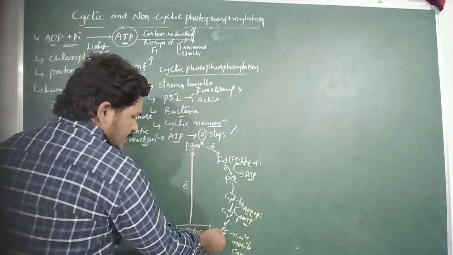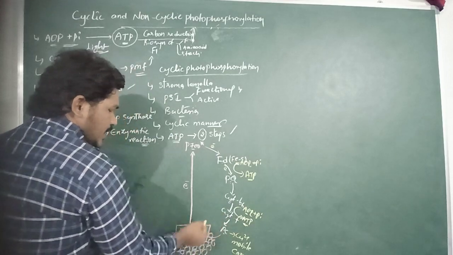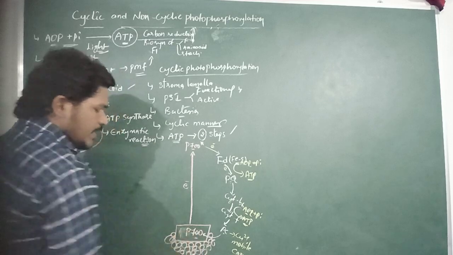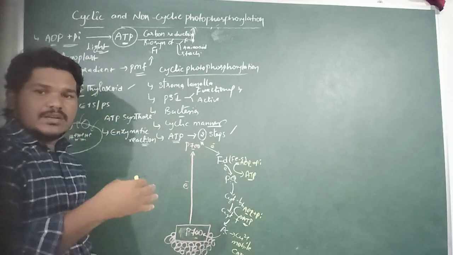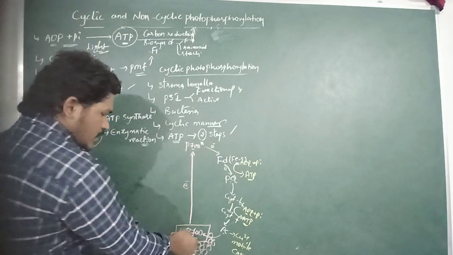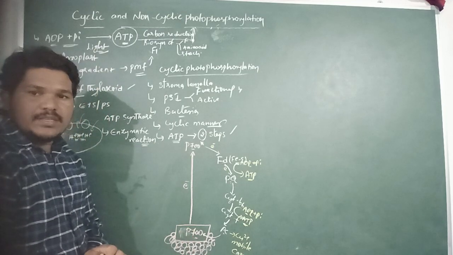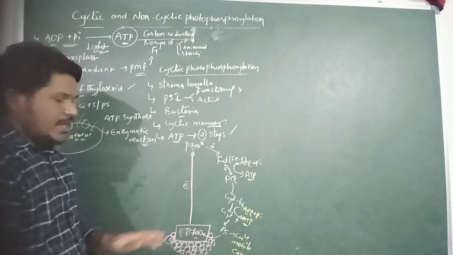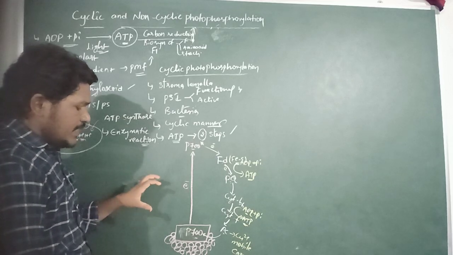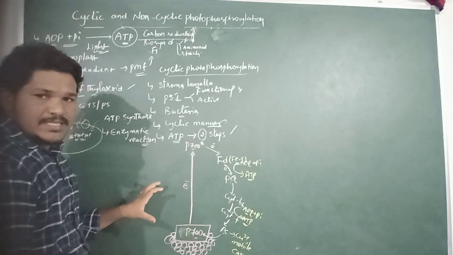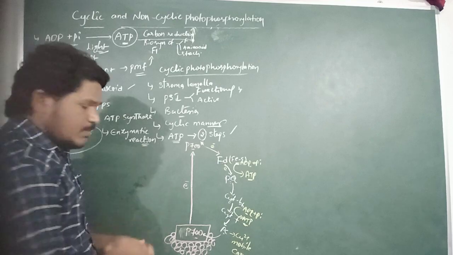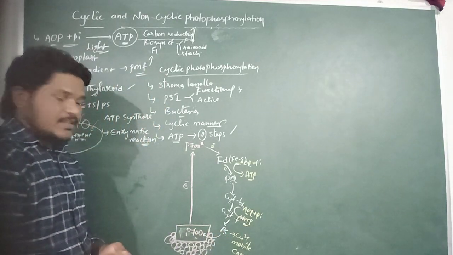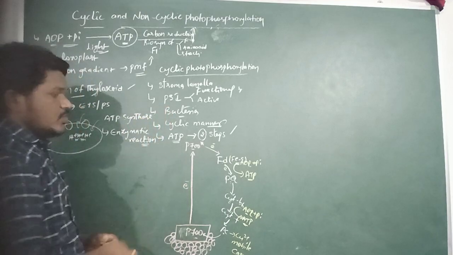The plastocyanin further transfers the electron to the initial electron donor, P700. So the electrons finally come back to the P700, the reaction center of PS1, and the loss of electrons from P700 is replaced by the plastocyanin at the final step of the cyclic photophosphorylation.